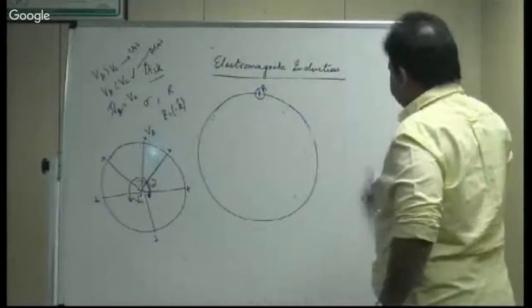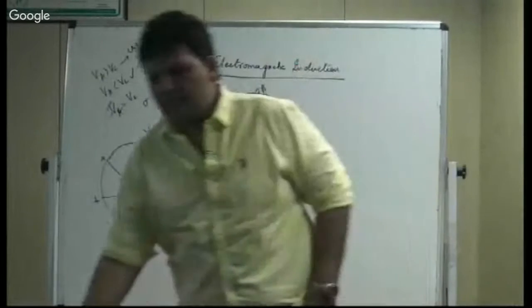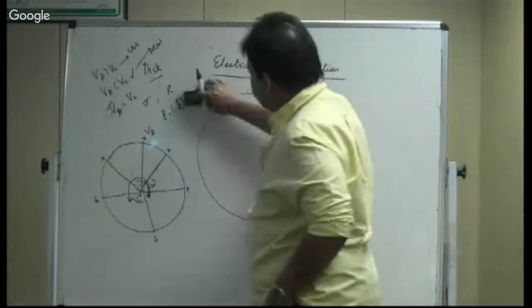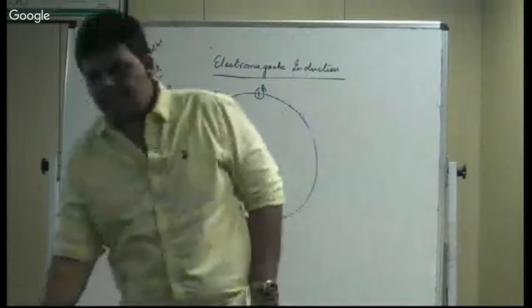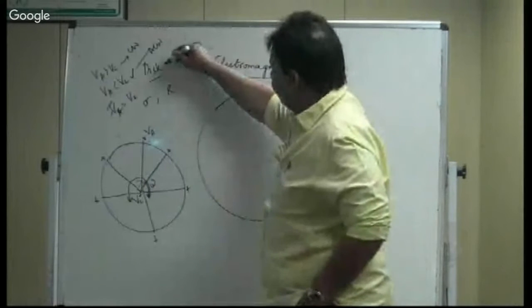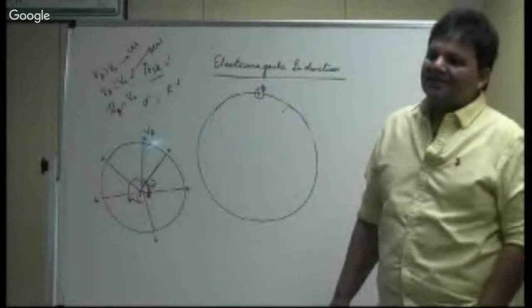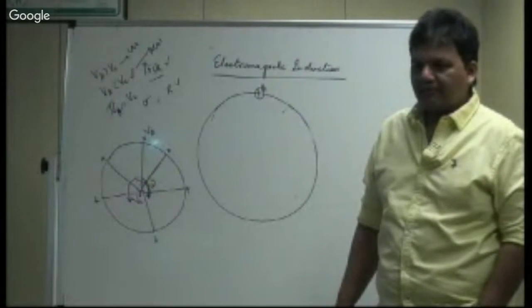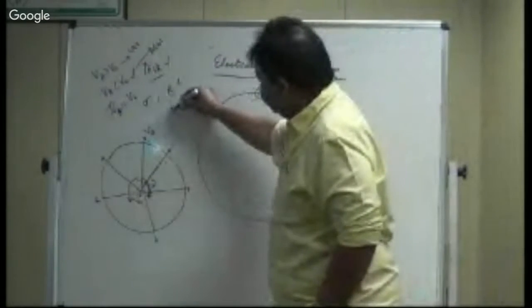Now suppose in the same question, we decide to take a situation where we have a disk again, radius is R, charge density is say sigma, and mass of an electron is small m.